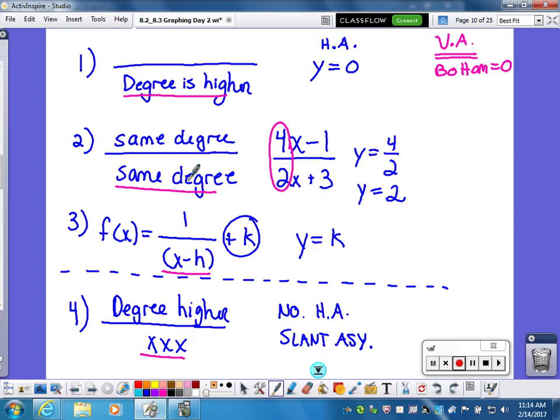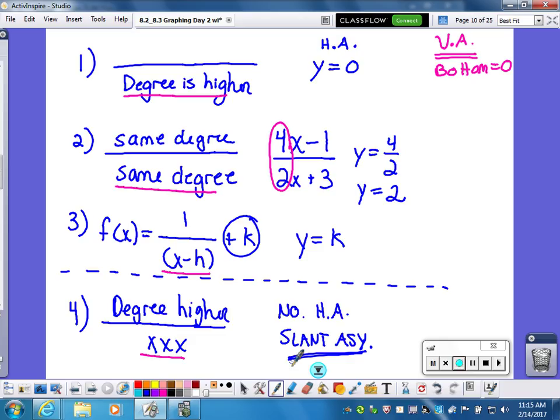If the degree is the same, you have to compare the coefficients. If it looks like it's in standard form, your horizontal asymptote is y equals k. If the degree is bigger on top, there is no horizontal asymptote. It will be a slant asymptote.